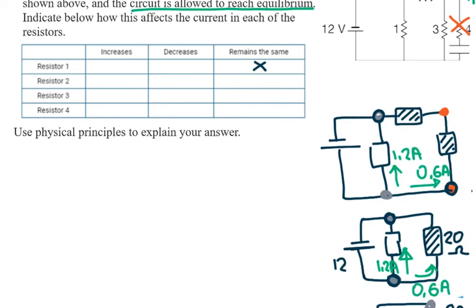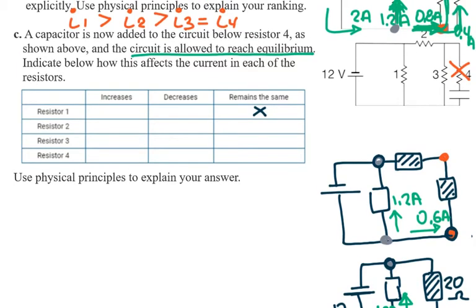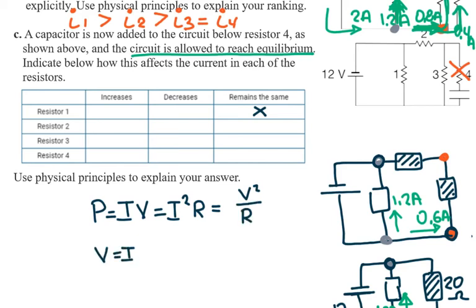And I did not mention why resistor 1 is going to have the same brightness. Well, you understand the voltage is the same, the current is the same, and the power formula is I times V, or I squared R, or V squared over R. If I use this formula, IR, to replace my V or replace my R if I solve for R, it's one of those.